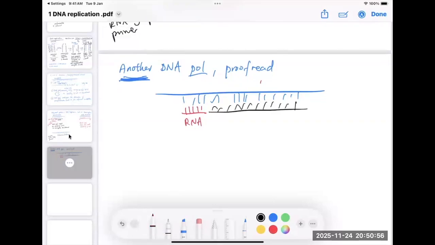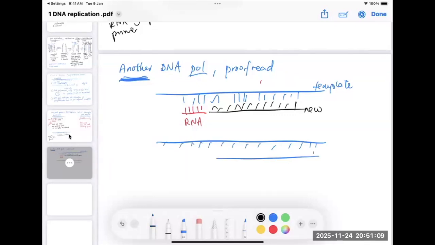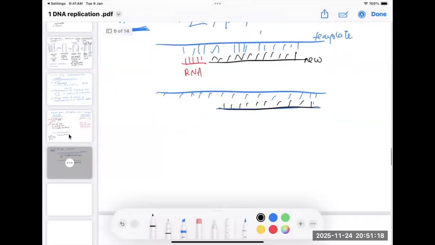Okay, so this is the new one. This is the template. Then this one will come and remove. So you're only left with this. So there's a hole here. Now it will extend.